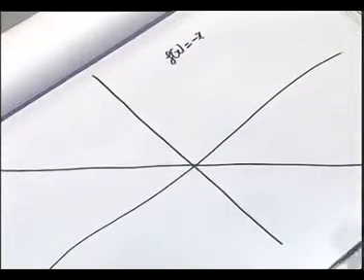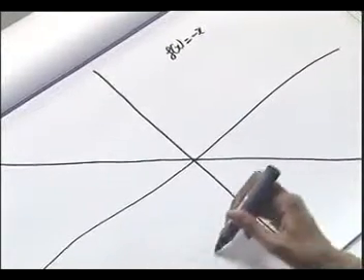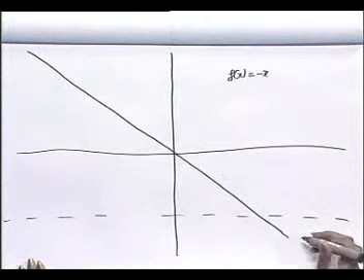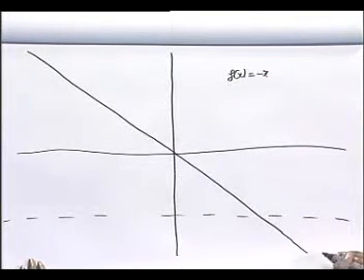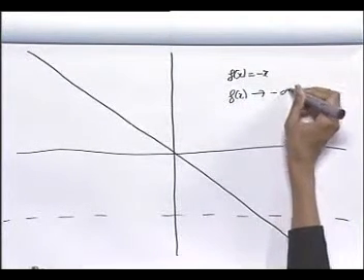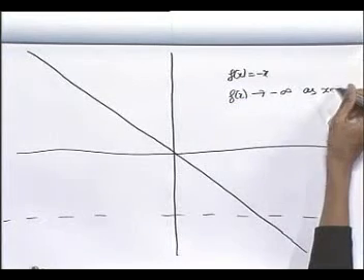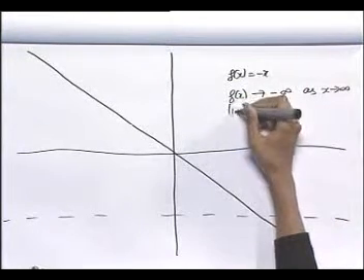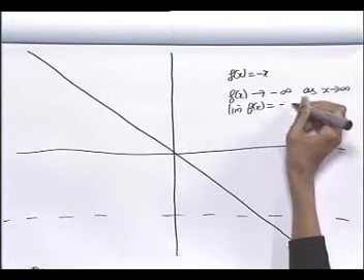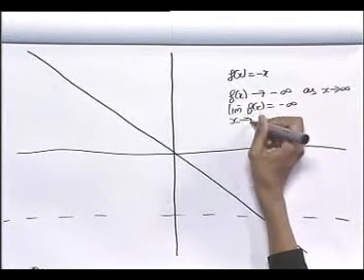In fact, however large and negative a number I choose, this function will get below that number and stay below it. If a function does this, we'd say it tends to minus infinity as x tends to infinity. So we write f(x) tends to minus infinity as x tends to infinity, or again, the limit of f(x) equals minus infinity as x tends to infinity.